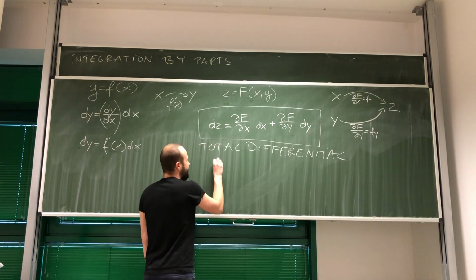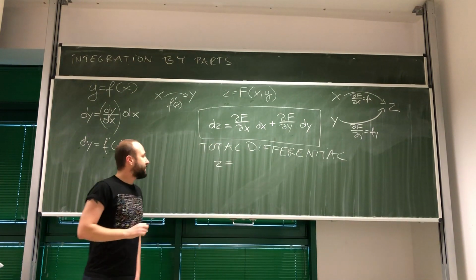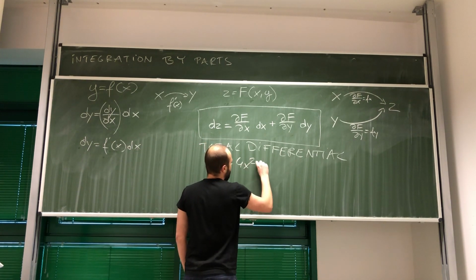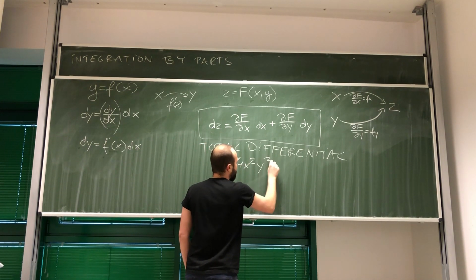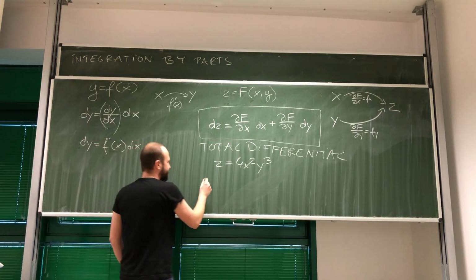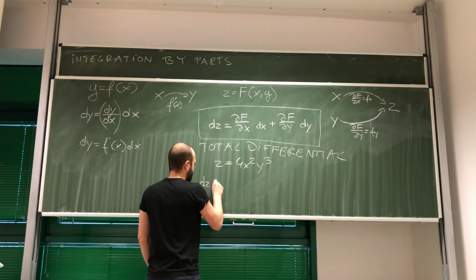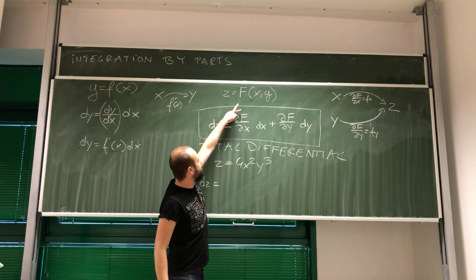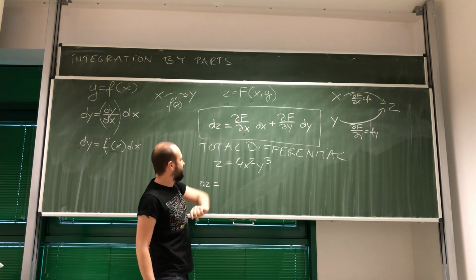Well, let's just say that z is equal to 4x squared y cubed. Now, what is total differential dz? First, I need to calculate partial derivative of f with respect to x.